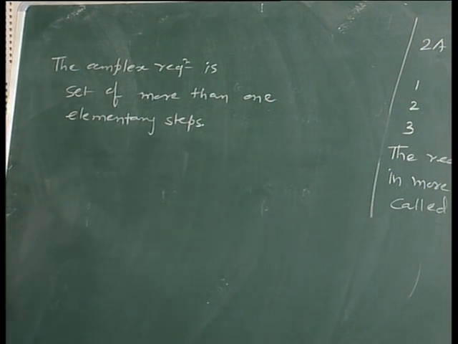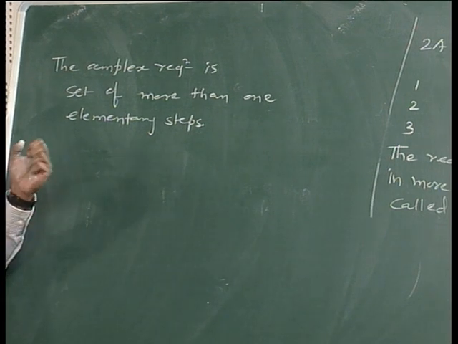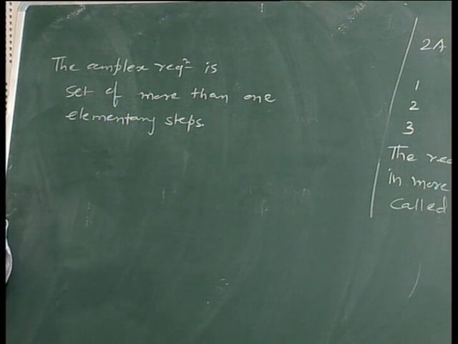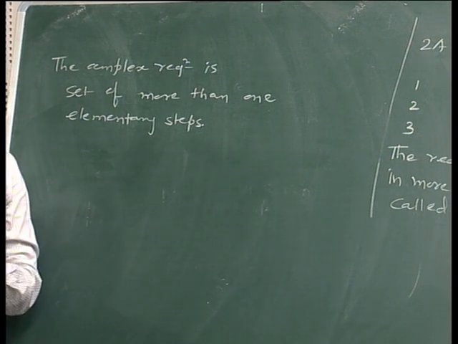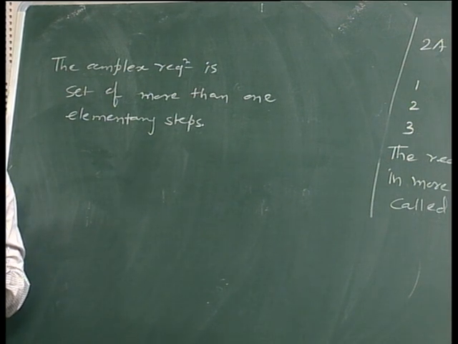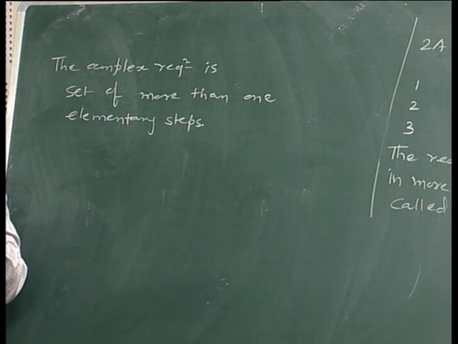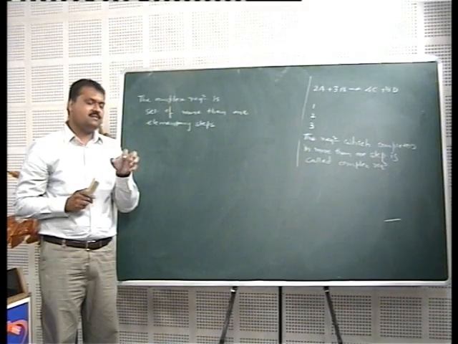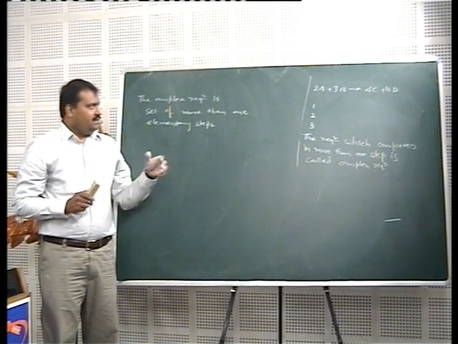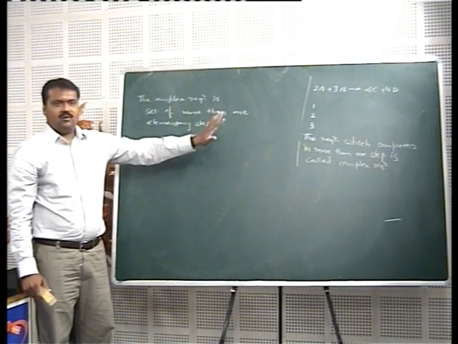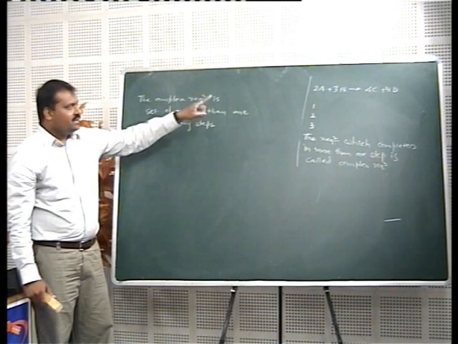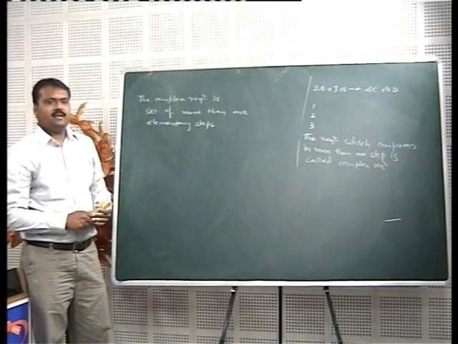Now, as the complex reaction involves more than one elementary steps, we can say that it gives us the detailed description of the occurrence of reaction. The manner or the path by which a particular reaction will proceed is judged by the complex reaction, and therefore it is called reaction mechanism.